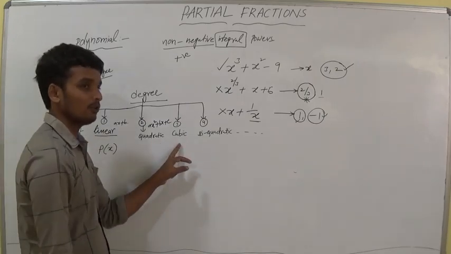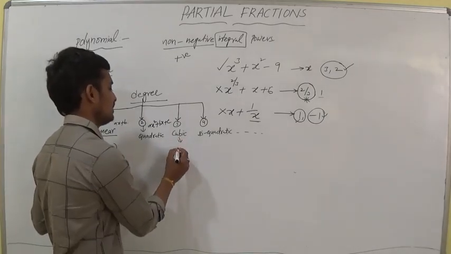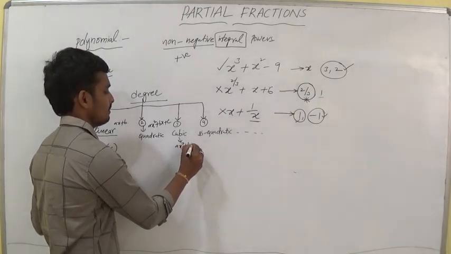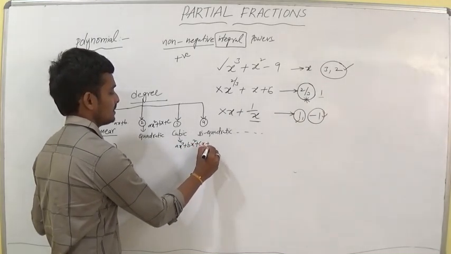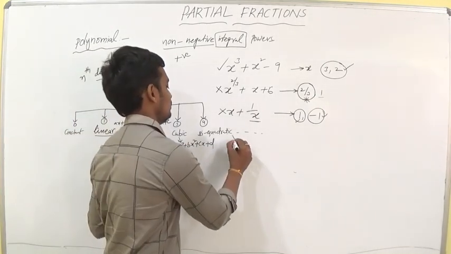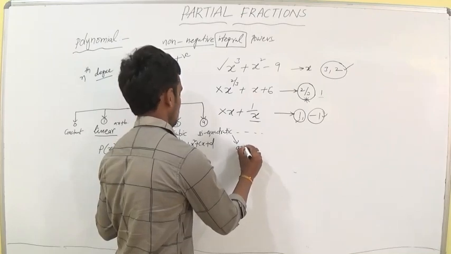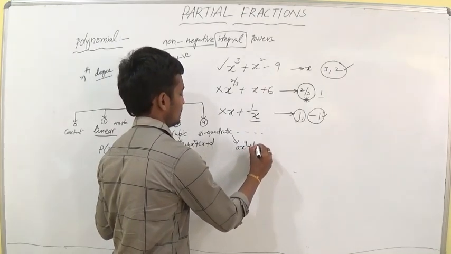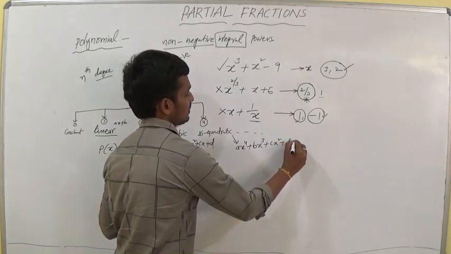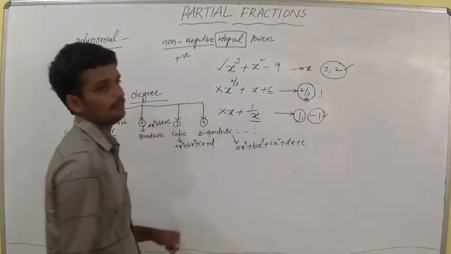If the degree of a polynomial is 3, the general form is ax cube plus bx square plus cx plus d. The same way you can write the biquadratic polynomial, ax to the power of 4 plus bx cube plus cx square plus dx plus e.